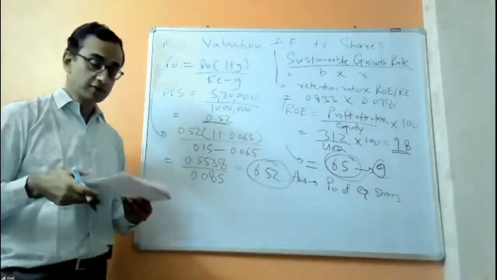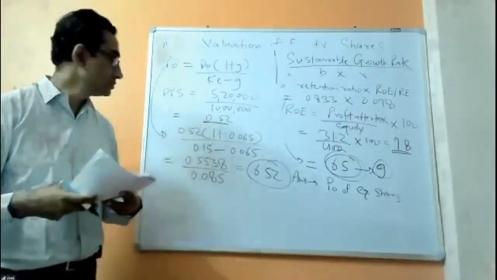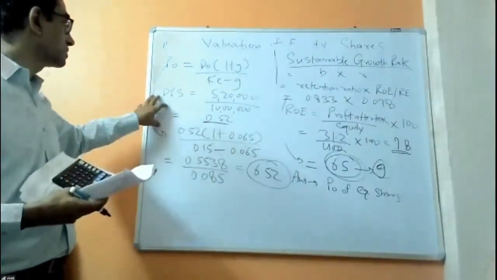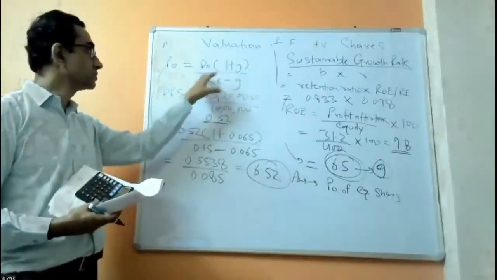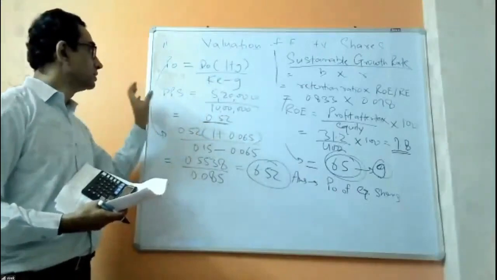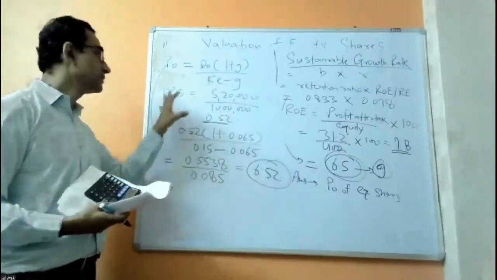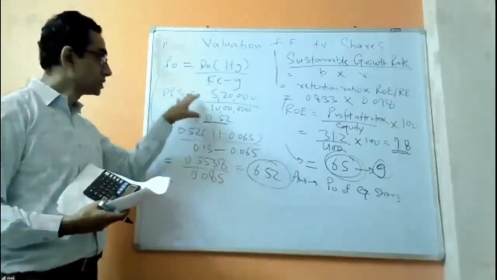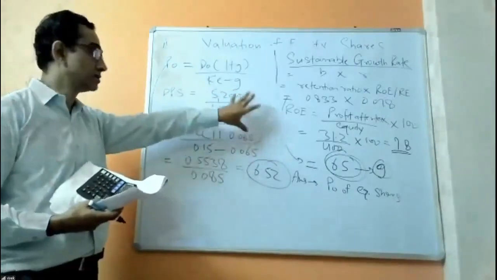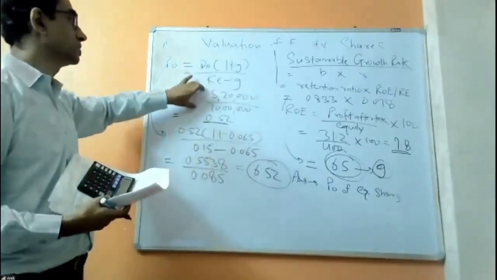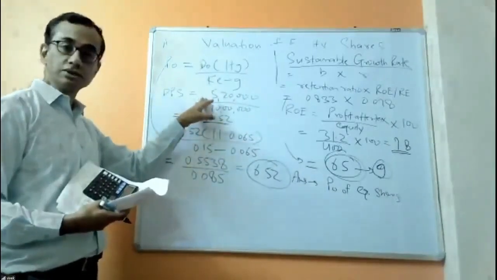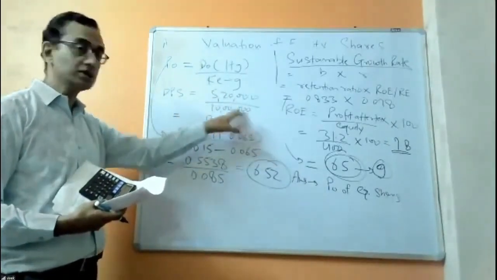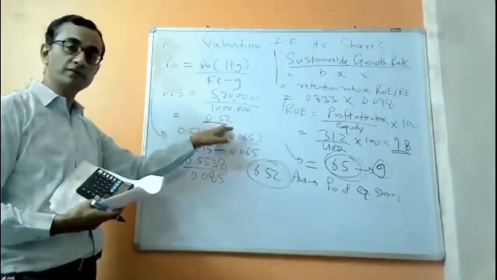I hope most of you are getting this answer, 6.52. So how have we calculated? We employ Gordon's simple formula, D0 into 1 plus G upon K minus G. Dividend per share is not given, so we first calculated it. The total dividend of 5,20,000 was divided by the number of equity shares, and we get dividend per share of 0.52.